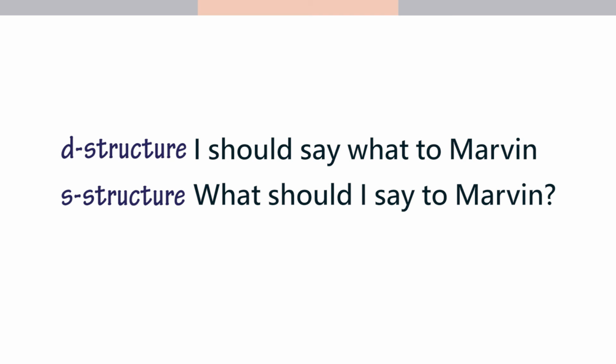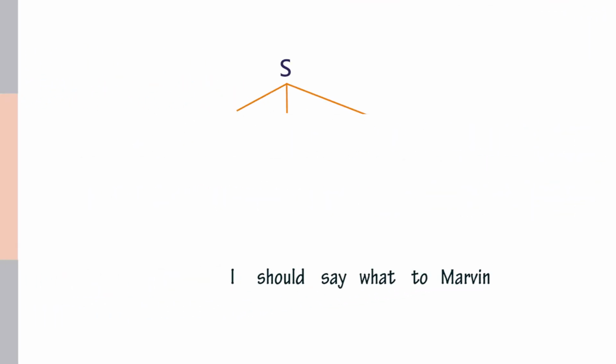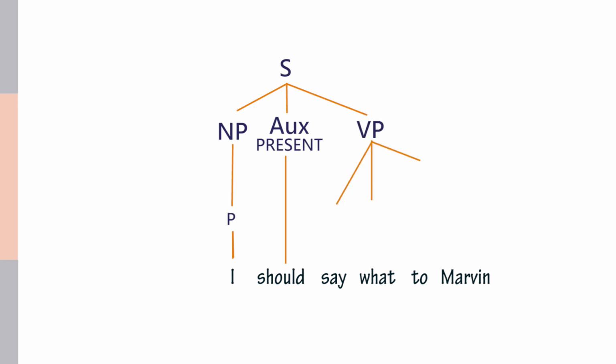Basically, they derive the S structure from the D structure. The D structure here is, I should say what to Marvin. Here, of course, we have our typical noun phrase, and then we have the aux, which is present, which is should, and then we have our verb phrase, which is a verb, and a prepositional phrase.